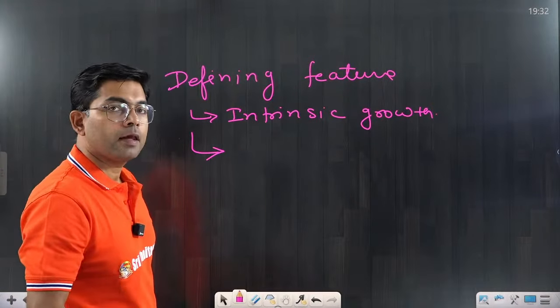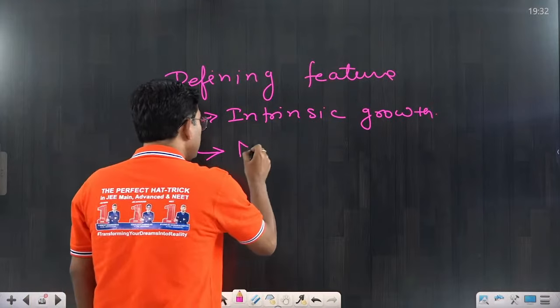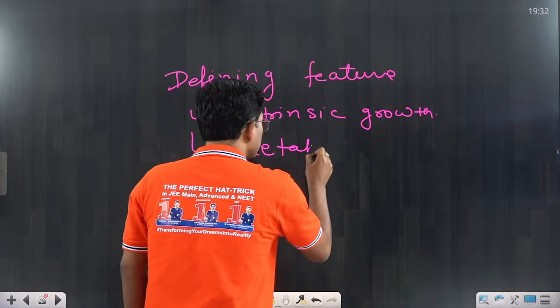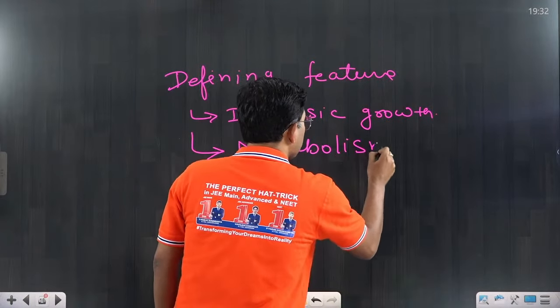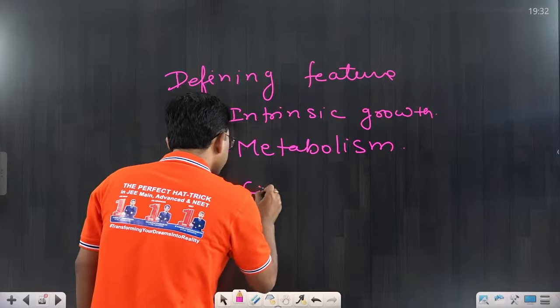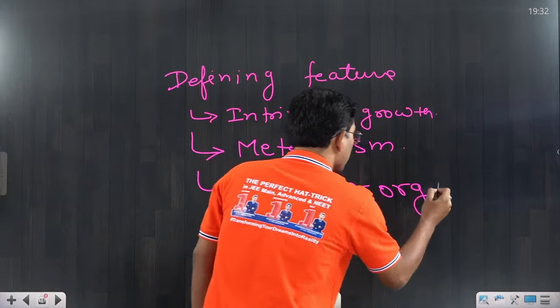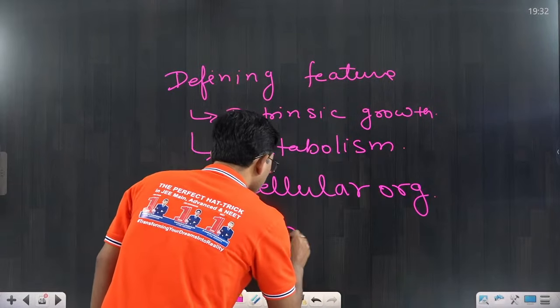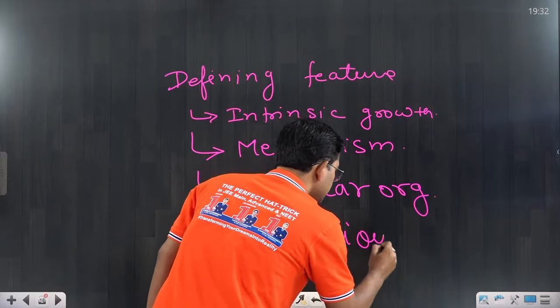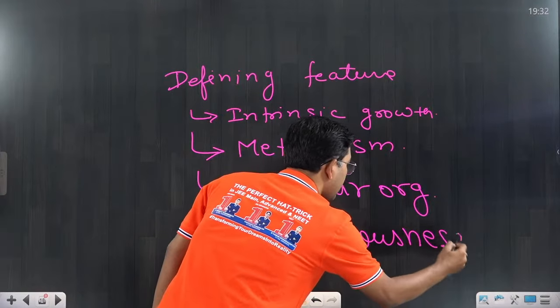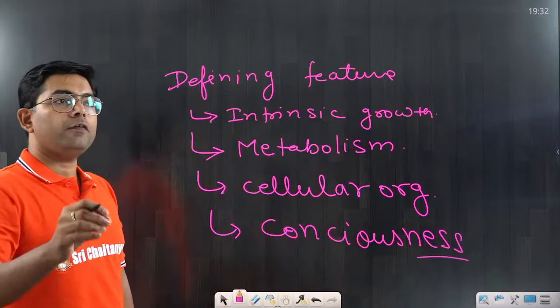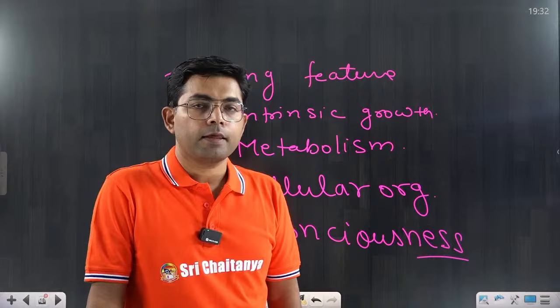Second one, if we say metabolism, it is also a defining feature. If we say cellular organization, and lastly the consciousness. They all are the defining feature of living organism.